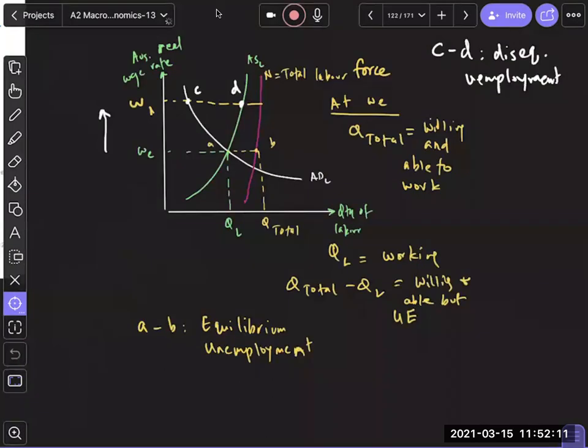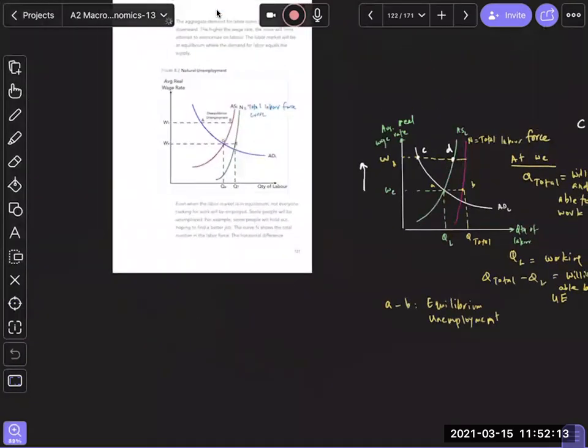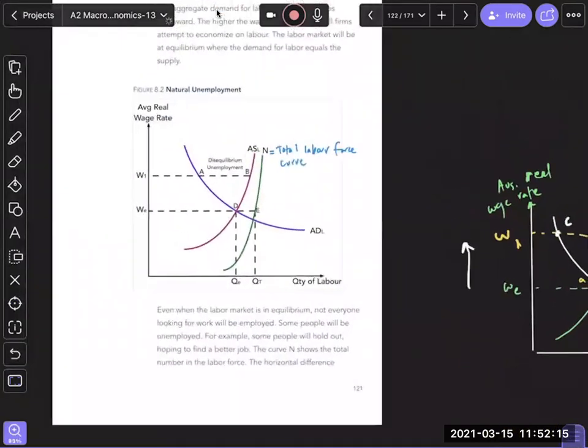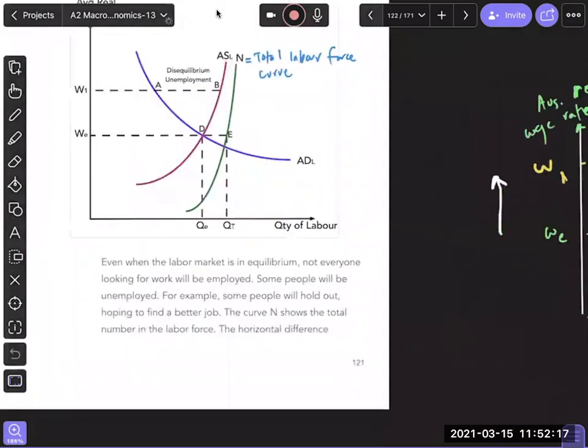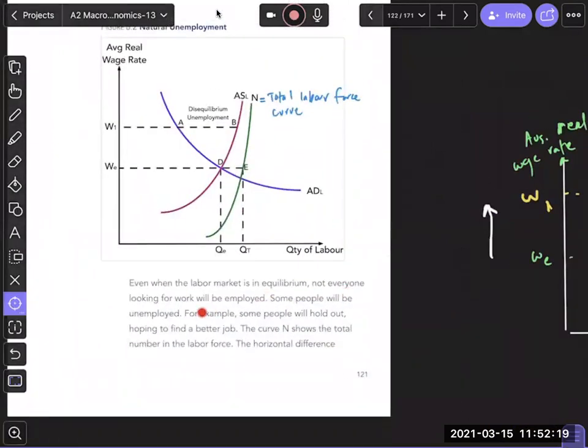So when you look at this total labor force curve, even when the labor force is in equilibrium, not everyone looking for work will be employed. Some people will be unemployed. For example, some people will hold out, hoping for a better job.